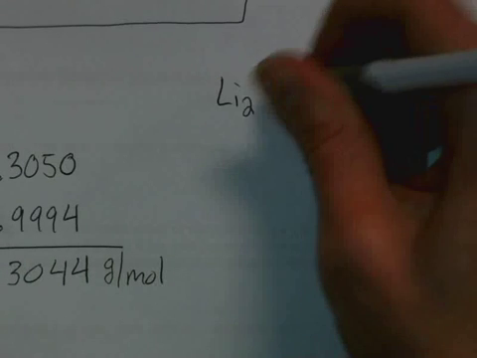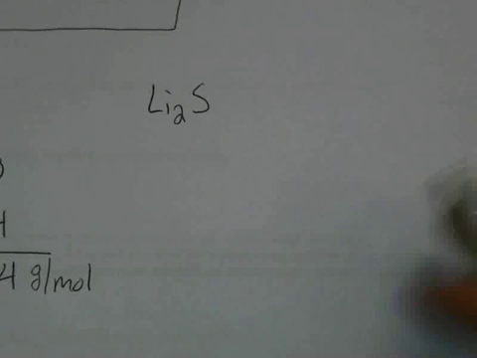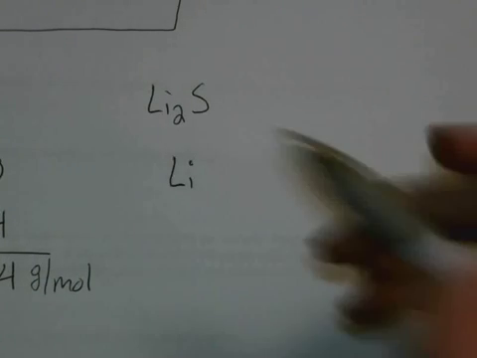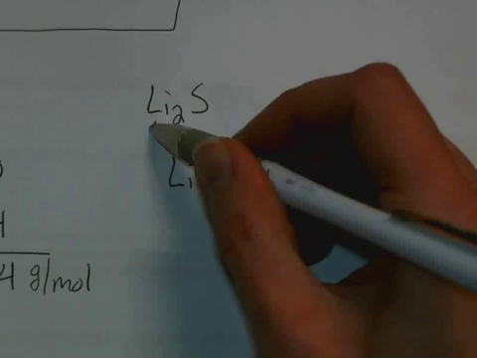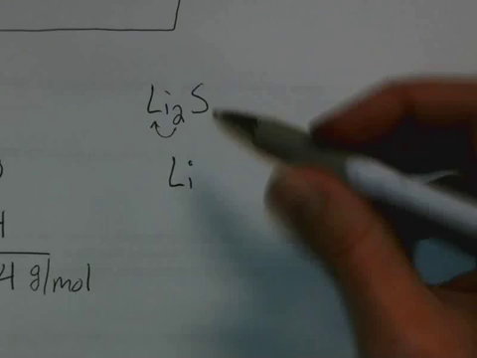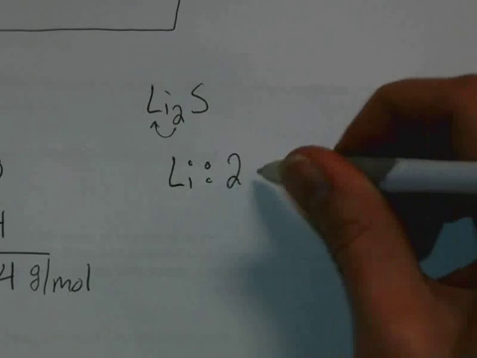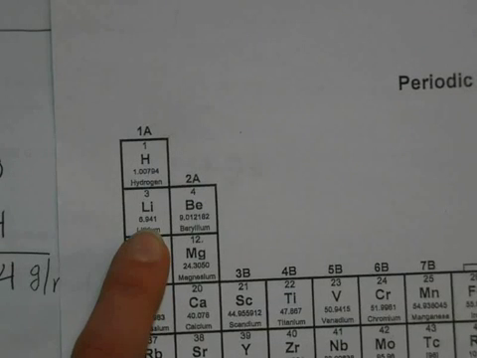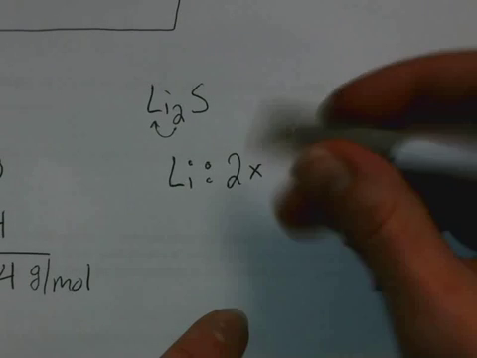So if I have Li2S, now I have a subscript 2, which means that I have 2 of the element in front of it. So I have 2 lithiums. Lithium has a mass of 6.941.